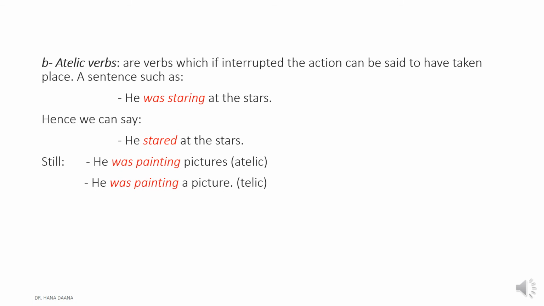Now, in the first sentence, painting is Atelic simply because even if the act was interrupted, we can say that he painted some of the many pictures he was supposed to be painting. On the other hand, in the second sentence, painting one particular picture needs a natural completion if we want to say that he painted a picture.